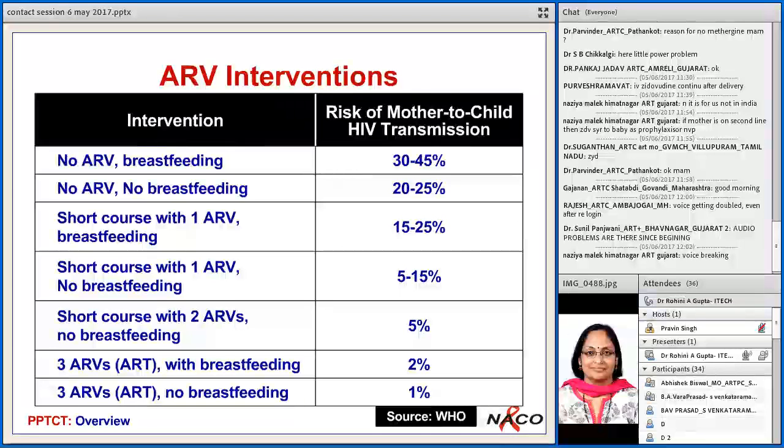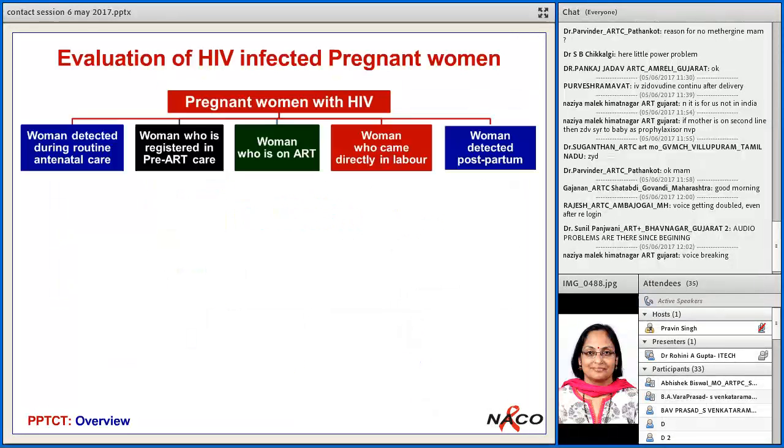And if the mother is not breastfeeding, the risk is 1%. So with all these ARV interventions, the risk has been reduced to 2%. That is, out of 100 babies, only 2 will get infected. This message needs to be conveyed to the parents.